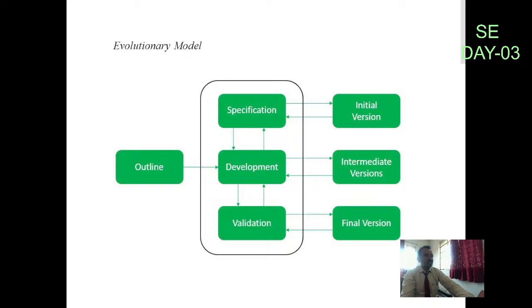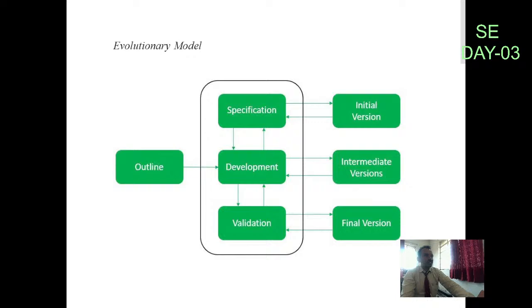Now, look at this diagram. This is a perfect pictorial representation of the evolutionary model. There are specification, development and validation. The specification is linked to the development, and the development is linked to the validation, and at the time of validation we move back to development and specification.